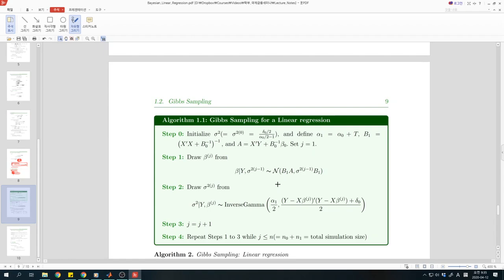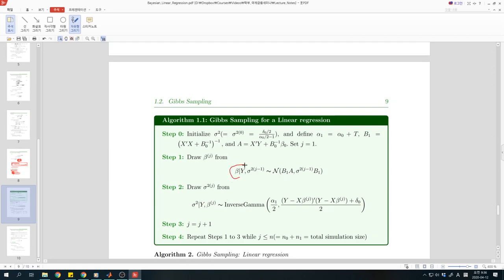Okay? So we repeat these steps 1 and 2, say 10,000 times. Then we will have samples for beta and sigma square. How many? 10,000 samples for beta and 10,000 samples for sigma square.